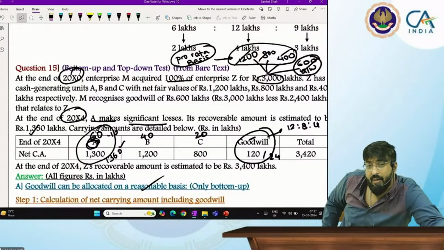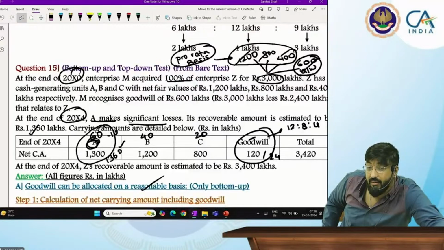Now, what happened here? After 4 years, CGU A was giving me trouble, and therefore I have tested it for impairment. Now my CGU balance is 1300.